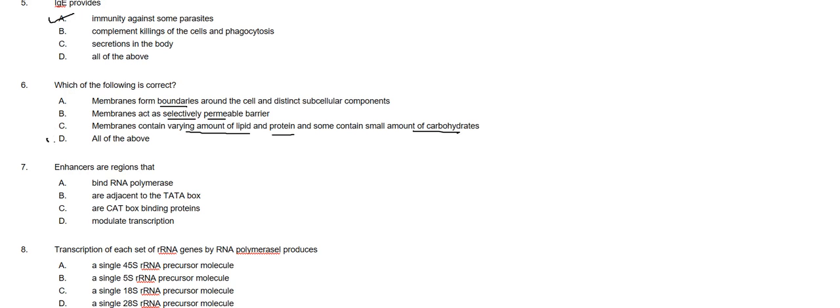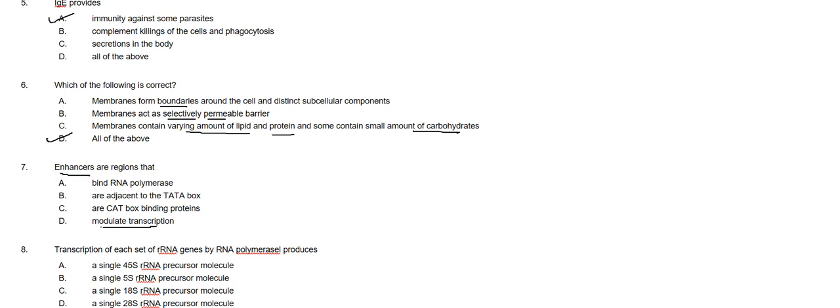Next, enhancers are the regions that modulate transcription. They are present upstream or downstream of the transcription start site.